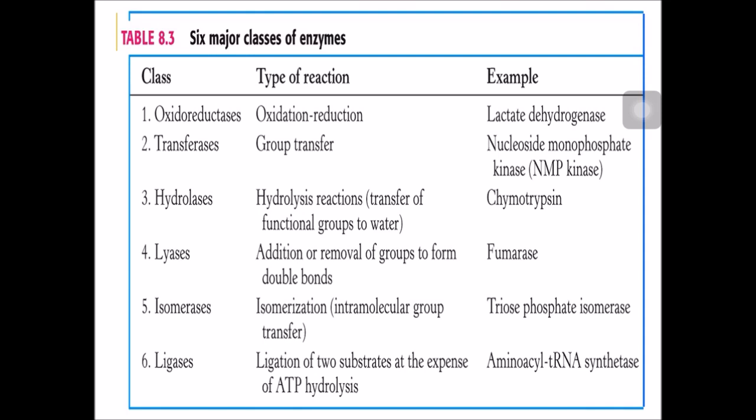For example, for oxidoreductase, we have redox reactions; transferase, transfer of a group; hydrolase, hydrolysis; lyase, addition and removal to form double bonds; isomerase, molecular rearrangement; and then we have ligation through ligases.